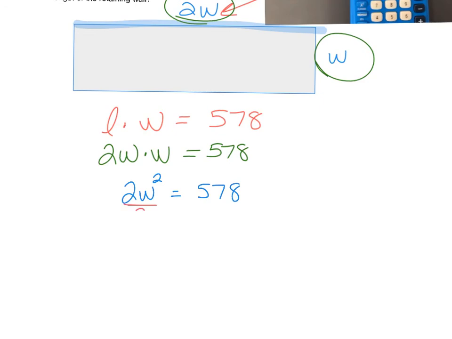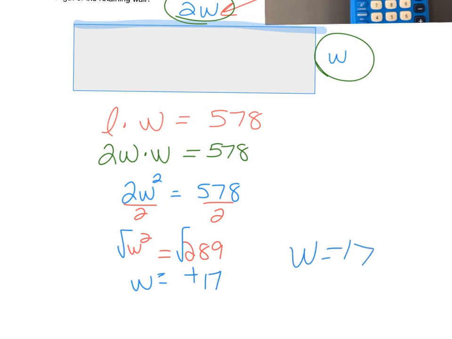Solve for W: divide by 2 on both sides, and I get that W squared is equal to 289. In order for me to solve for W, I have to take the square root. Normally, I would say positive and negative 17, but because it's width and it's a real world problem, we're going to ignore the negative. So that means that the width is 17.